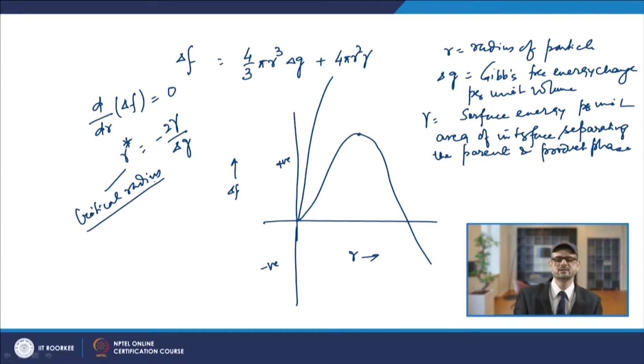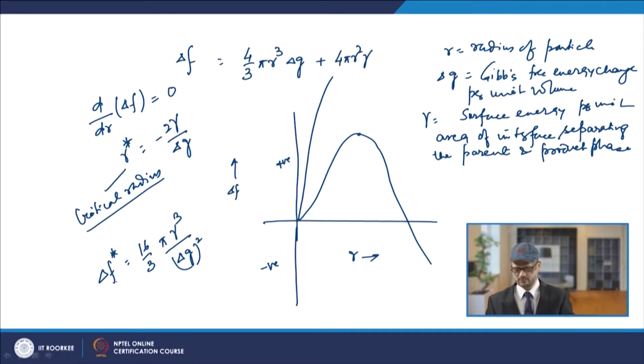For the critical value delta f star, if you put these values into the expression, it will be 16 by 3 pi gamma cube by delta g square. This is the value you get for delta f star. Now, you can also have other expressions for delta f star or for the transformation.